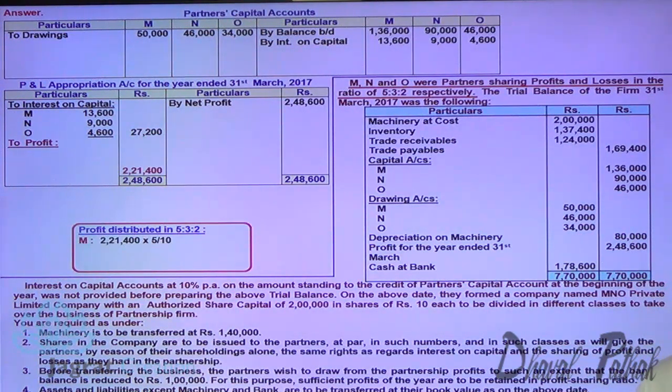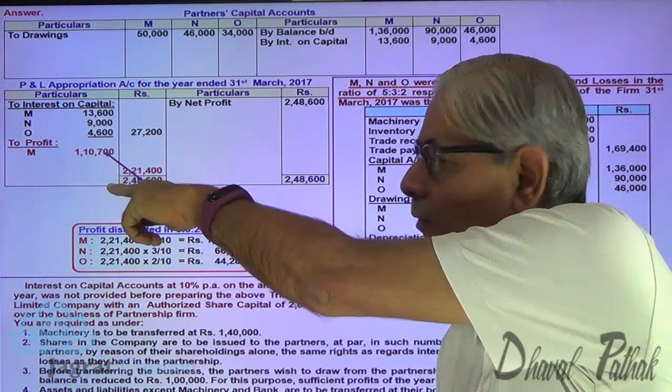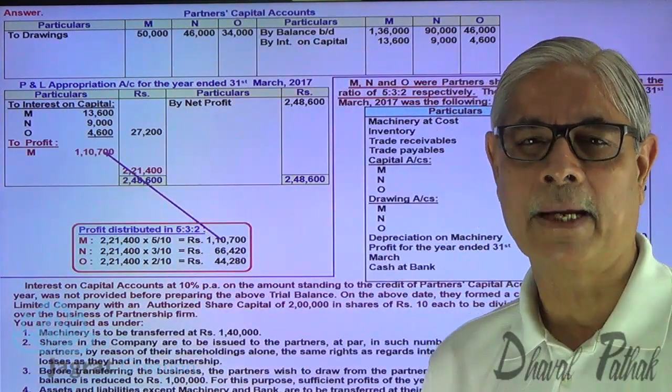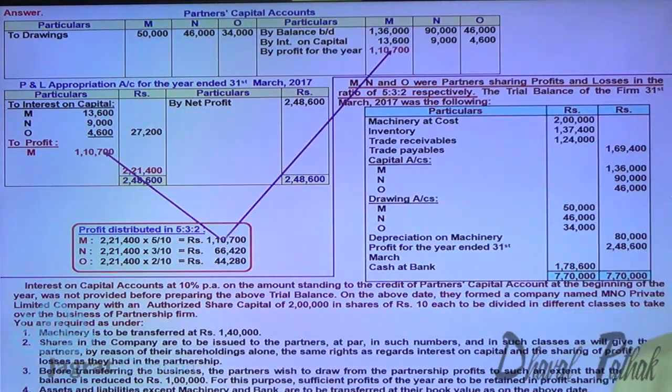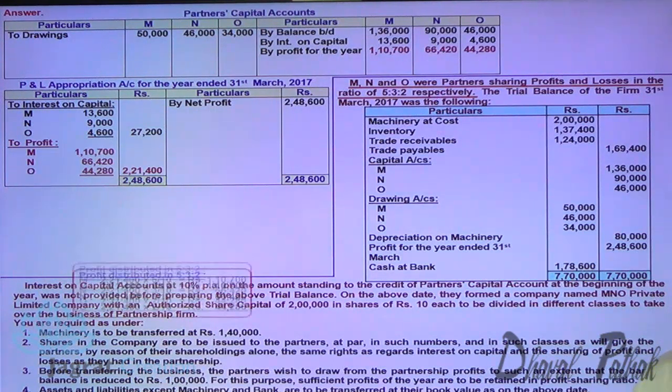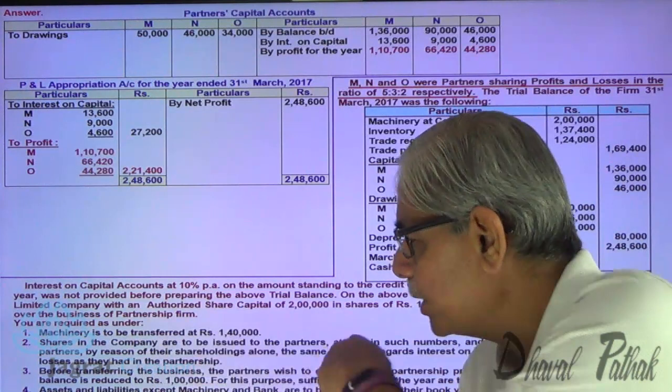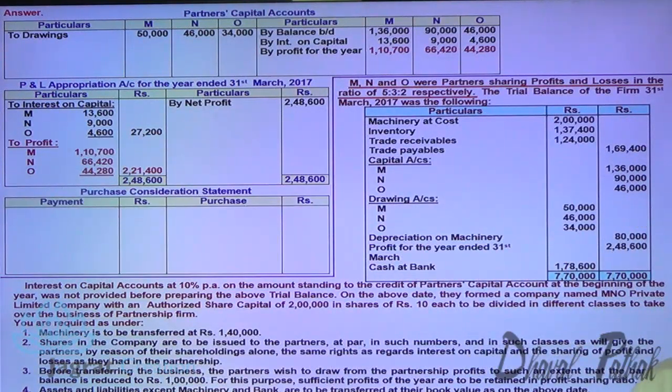So 5/10, then 3/10, then 2/10. This is the profit distribution. Profit and loss appropriation account debit to partners' capital account credit. Profit distribution is done. Now I will take care of machinery transfer at 1,40,000.